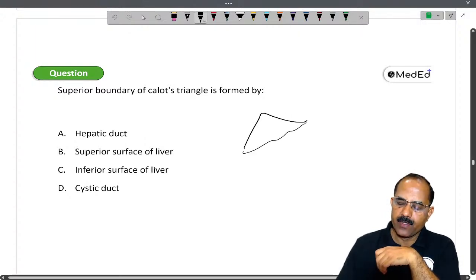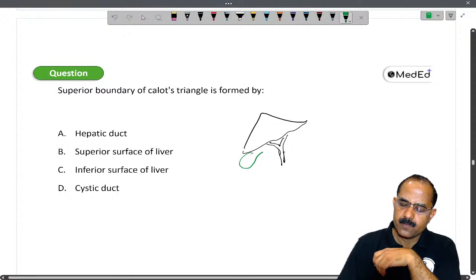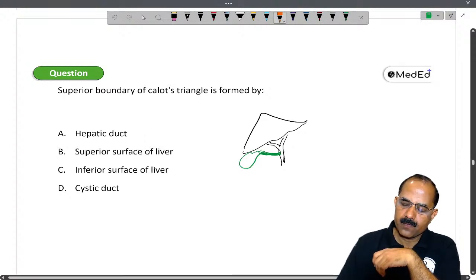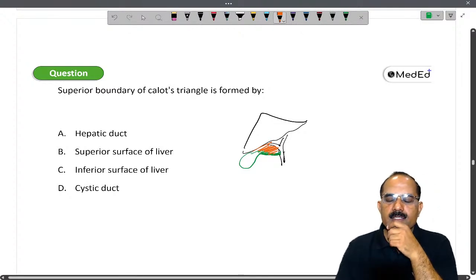Inferior surface of liver, common hepatic duct, what is this duct? Cystic duct.